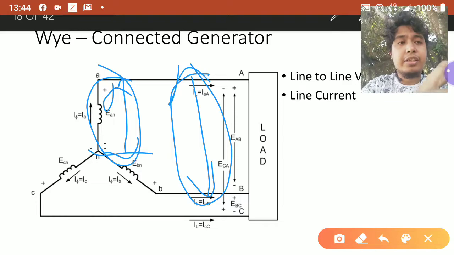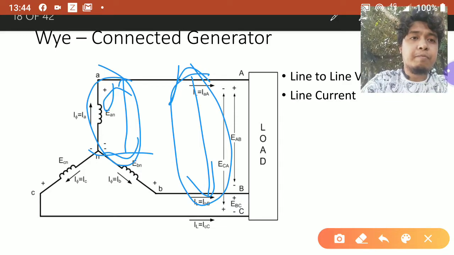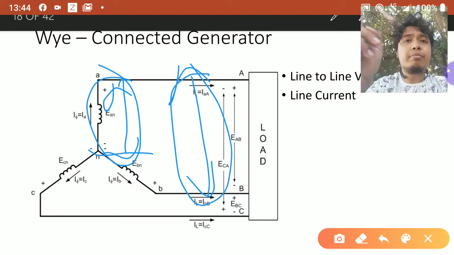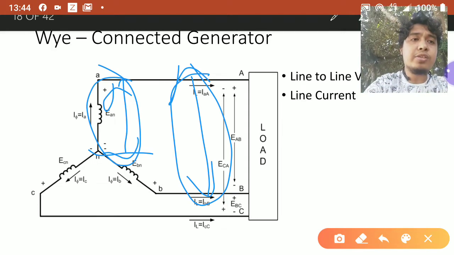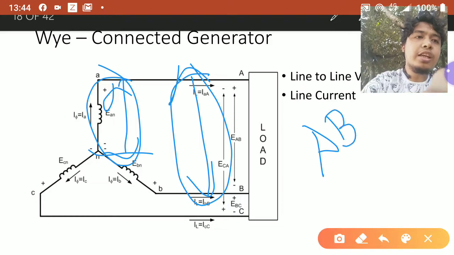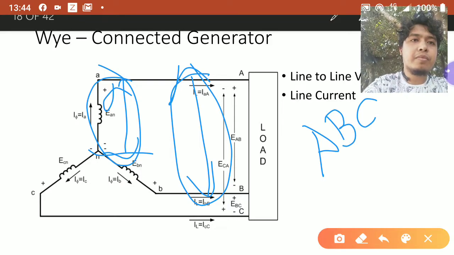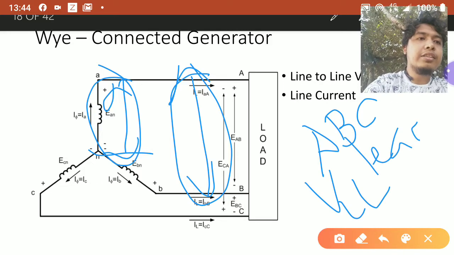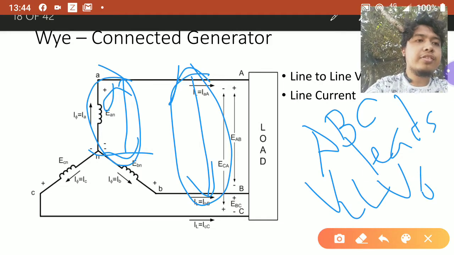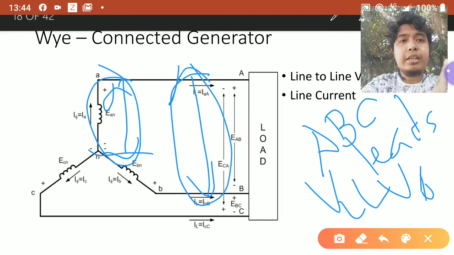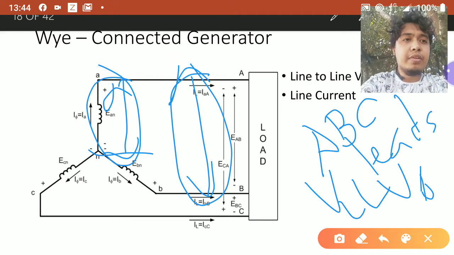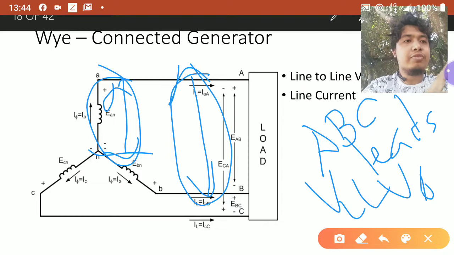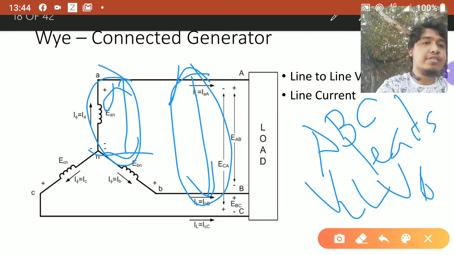It's always greater than. Now, as you can still remember, we have the phase sequence from the previous discussion. If your circuit is in ABC, your V line to line leads V phase by 30 degrees. If it is in ACB, your V line to line lags V phase by 30 degrees.